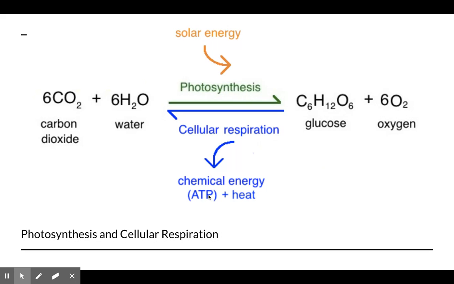And then we create ATP from that, which is a type of chemical energy that can be used to get the body to do things. Plants use it for plant growth. And heat is also a byproduct of that process. And then we breathe out carbon dioxide and water. And so this is a reverse process of photosynthesis. Exothermic on this side, endothermic on that side.